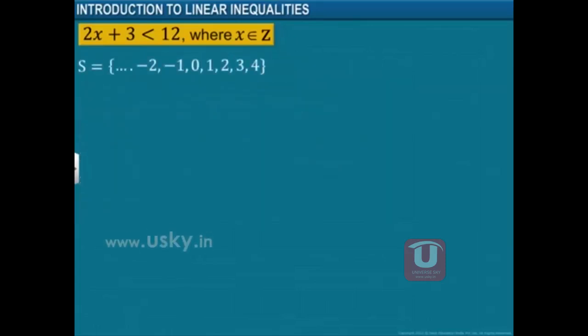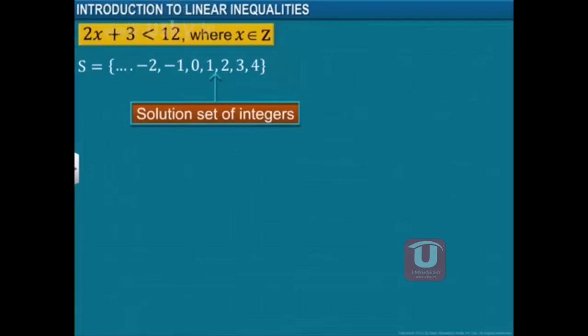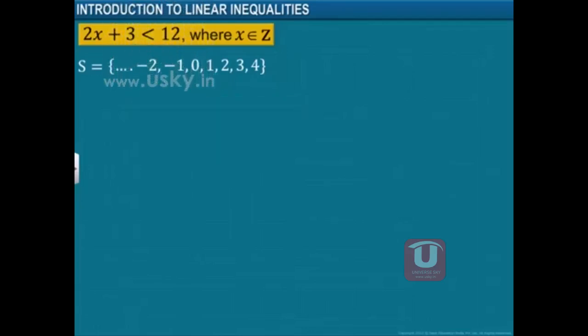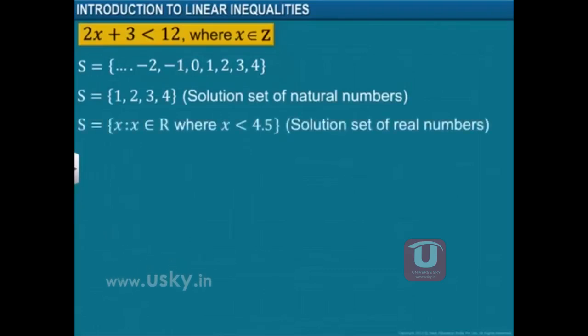The solution set for the inequality is shown here. We observe that the solution set consists of integers. We may consider other solution sets based on the requirement. For the same inequality, the solution sets of natural numbers and real numbers is shown here.